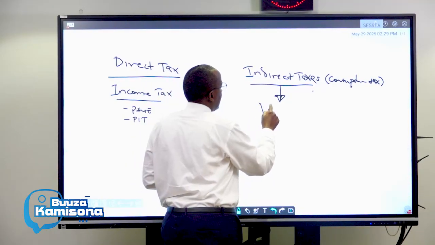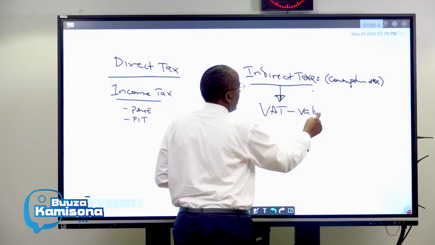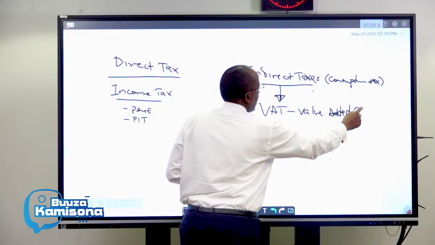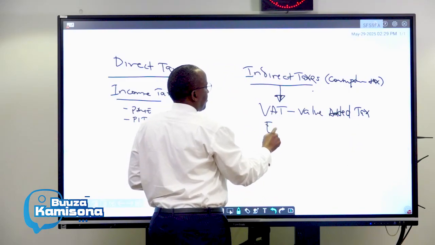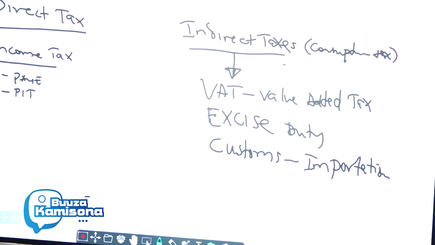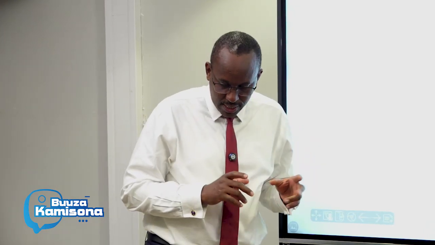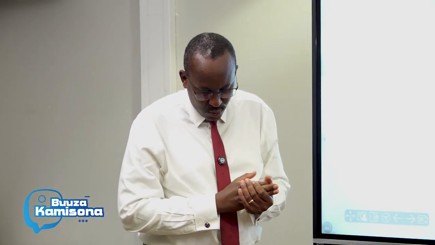Under these taxes, we will discuss VAT or value added tax, and we will discuss excise duty. Our focus today is on indirect taxes because last week we dealt with direct taxes. The indirect taxes are taxes on goods and services paid by the consumers when they purchase these products.